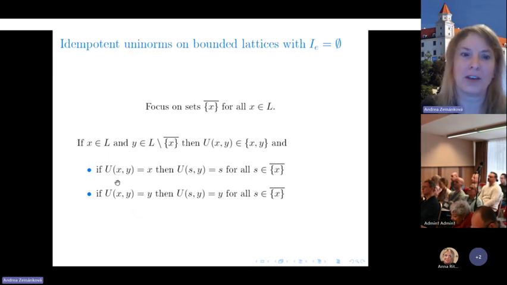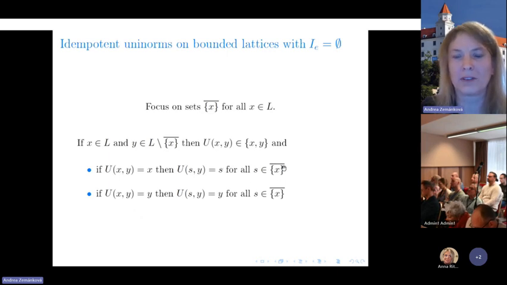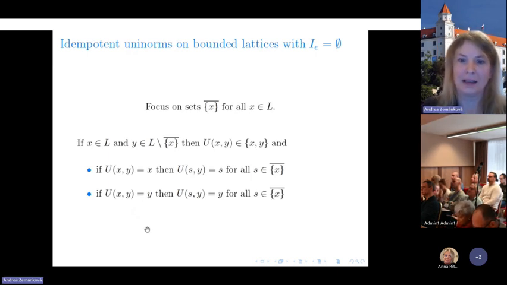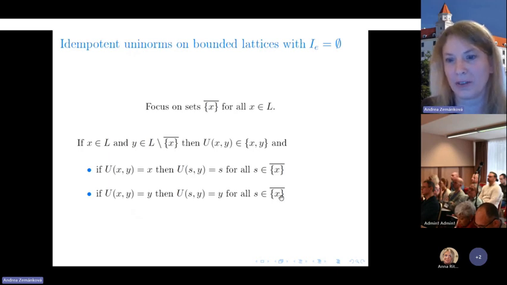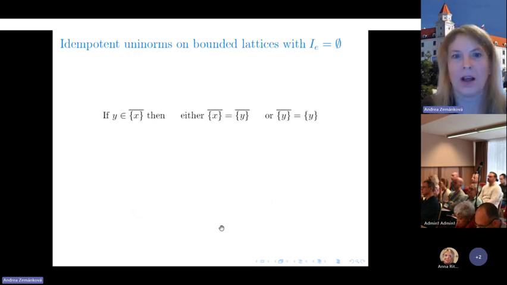And moreover, if this aggregation is equal to X, the same holds for all points from the set over line X. And if it is equal to Y, then the same holds for all points from the set over line Y. So this is what we wanted, but the problem is that these sets are not equivalency classes.